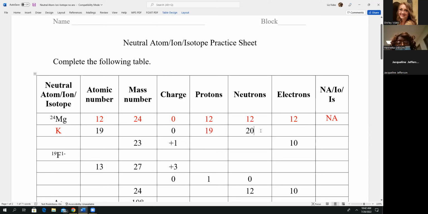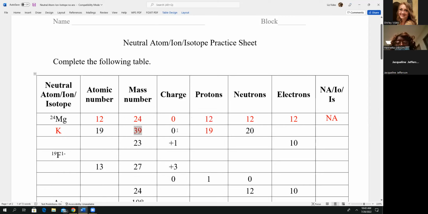We've been given the neutrons, but not the mass number. If we add these two, that gives us 39. Remember, the mass number is the number of protons plus neutrons. So we just did that.